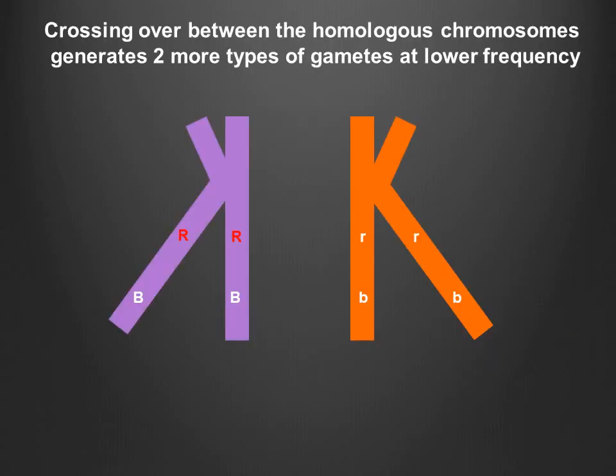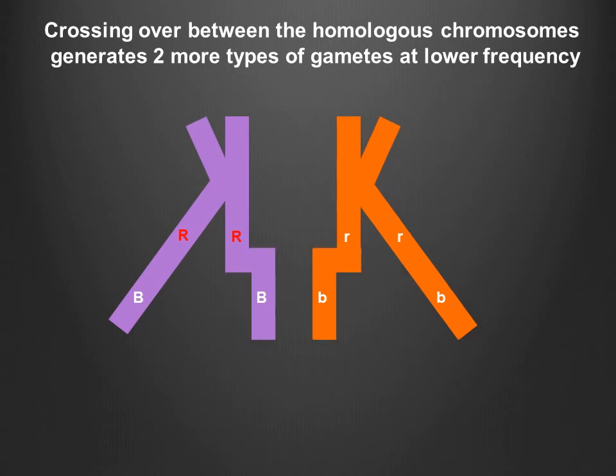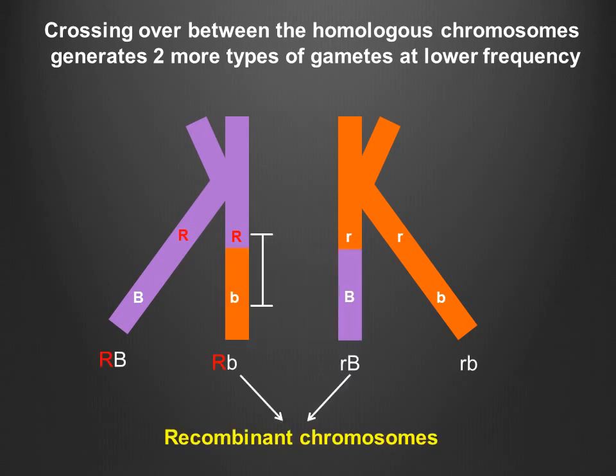However, during meiosis, a process called crossing over, or recombination, which occurs at relatively low frequencies, allows for the generation of recombinant offspring.